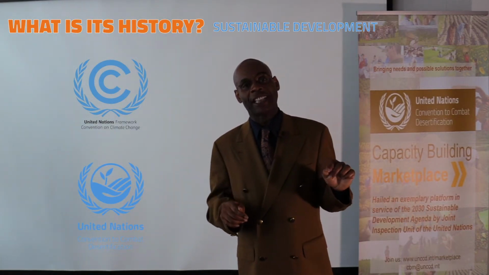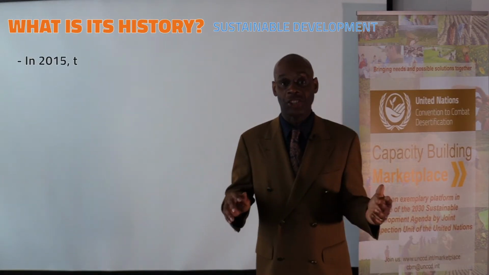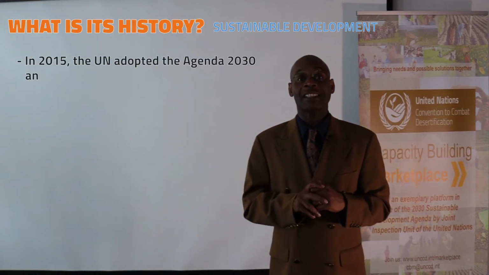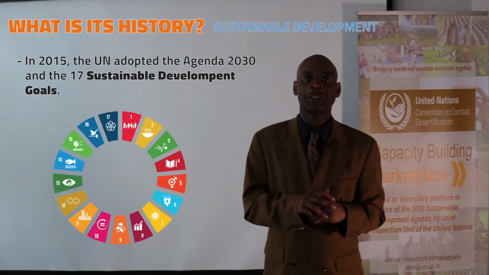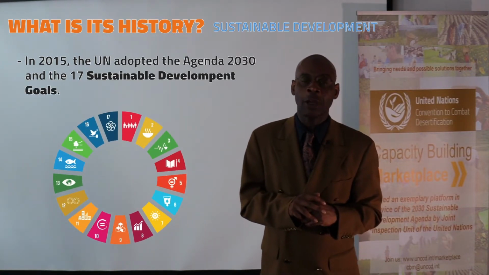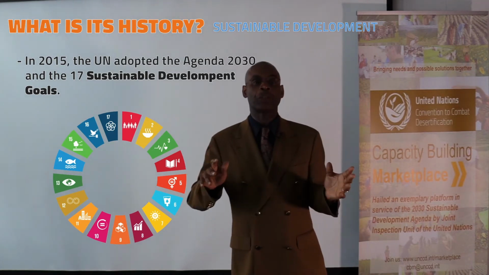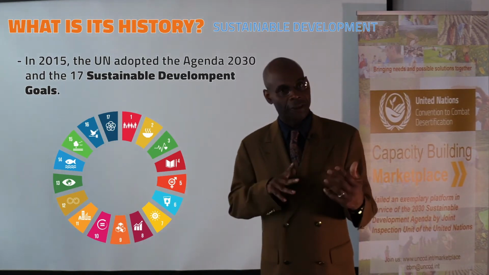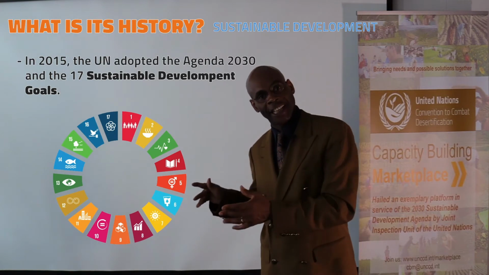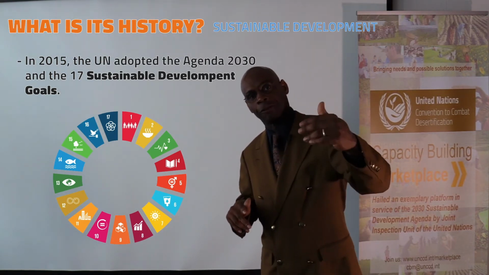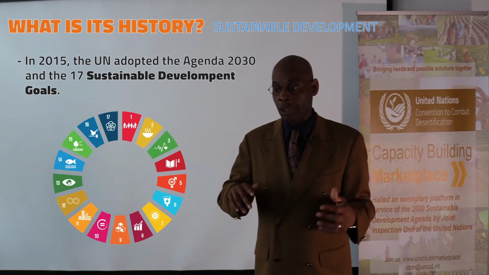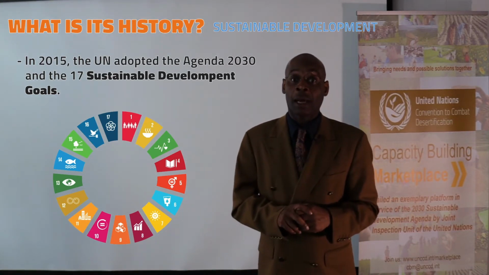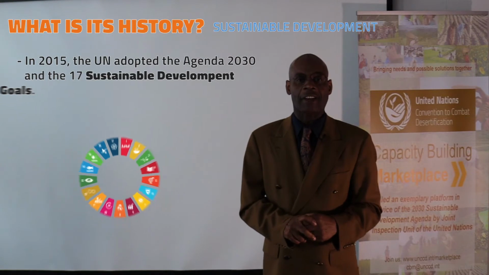But outside of that, in 2015, the United Nations General Assembly adopted the 17 Sustainable Development Goals, which is sometimes also referred to as Agenda 2030. Where we, the peoples of the world, are trying to ensure that the development that takes place from here on in is development that continues for the foreseeable future, so that the future of the planet and the future of the younger generations is guaranteed.